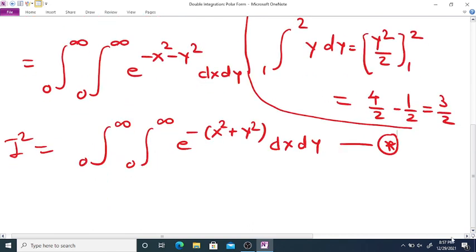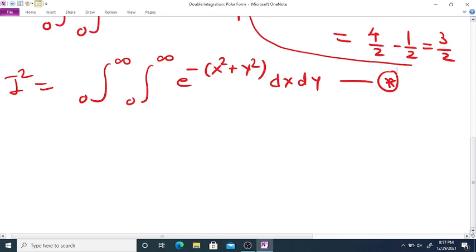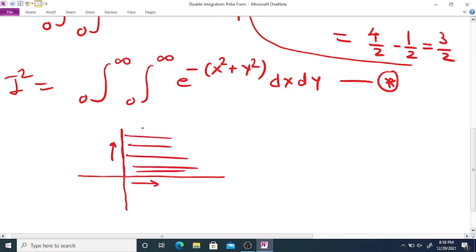Now we are going to use polar coordinates, that is, a change of variable using polar coordinates. So the given region is what? It is 0 to infinity, that is the positive y axis and the positive x axis. So this is the given region, the entire first quadrant, and we are going to use polar coordinates.